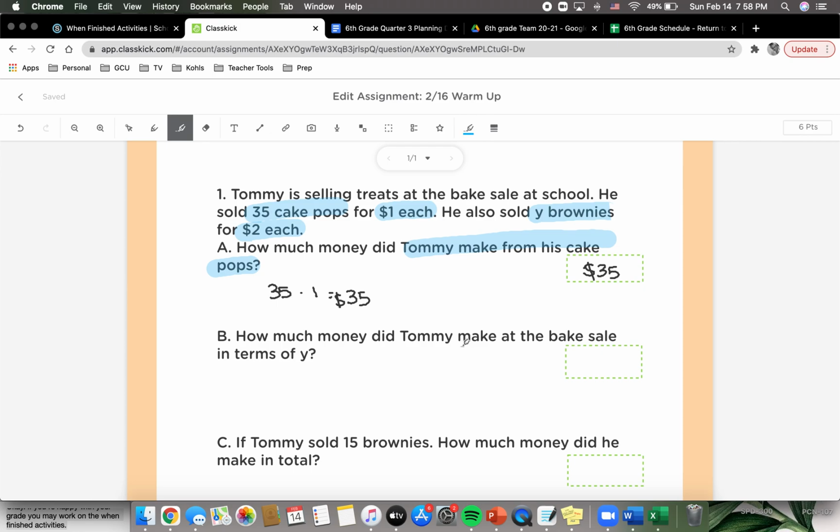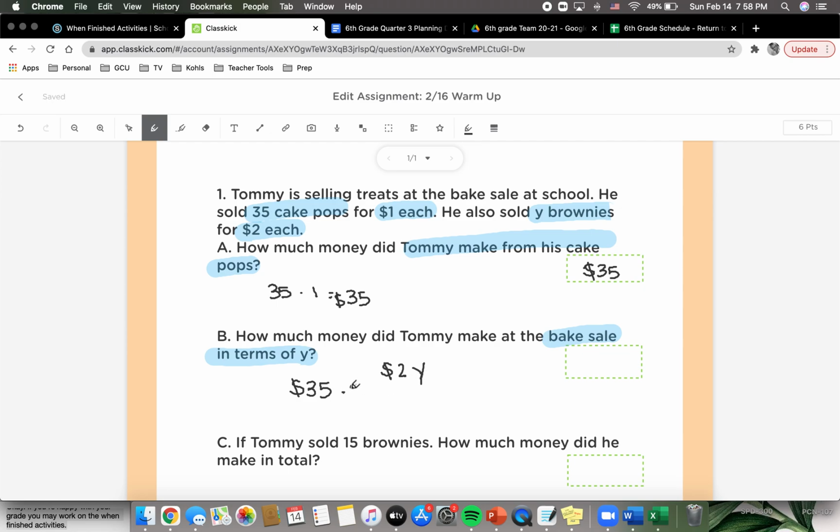Looking at part B, it says, how much money did Tommy make at the bake sale in terms of y? So we're trying to figure out how much money he made in total in terms of y. Well, now we know that he made $35 from cake pops, but he also sold y brownies for $2 a piece. So we had to multiply the $2 for his brownies by however much he made.